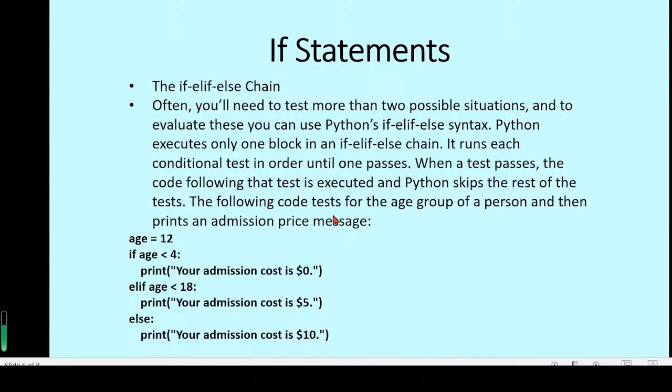The following code tests for the age group of a person and then prints an admission price message. For example, age is 12. Then we run if age is younger than 4, then print this message. But if this fails, Python will test the next conditional test: if it is younger than 18 but older than 4.